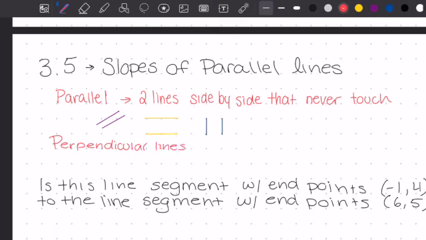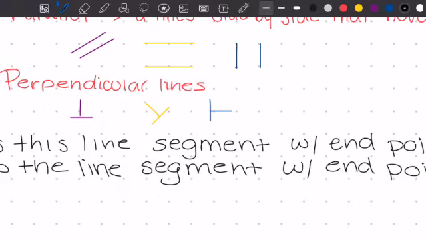Now, perpendicular lines meet at a 90-degree angle. So these purple lines are perpendicular. These yellow lines are perpendicular. And these blue lines are perpendicular. There is a 90-degree angle in all of those examples.